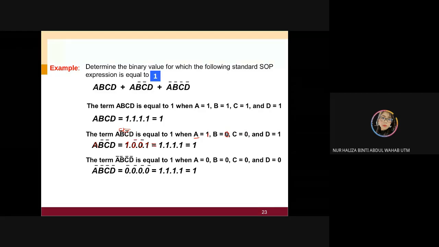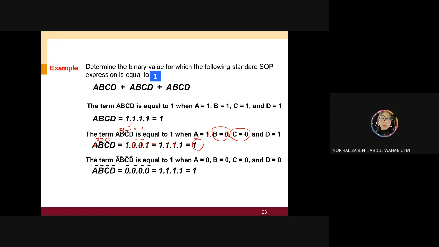This one refers to the value. You can see C is the value of 0, and in terms of the term, with the bar, that's why you will get 1, 1. I think I myself also get confused, but I stick with my mind. If it is bar, it's going to be 0, 0, and you will get 1 for your output.